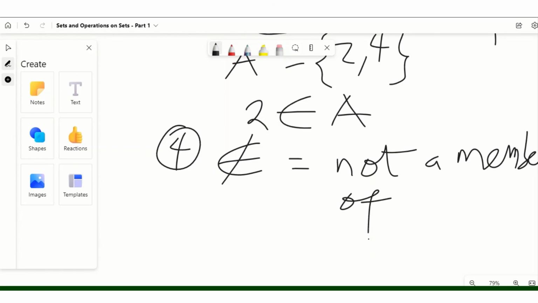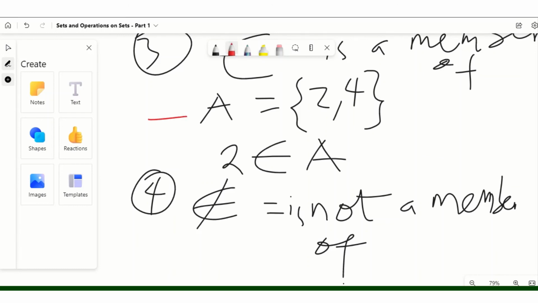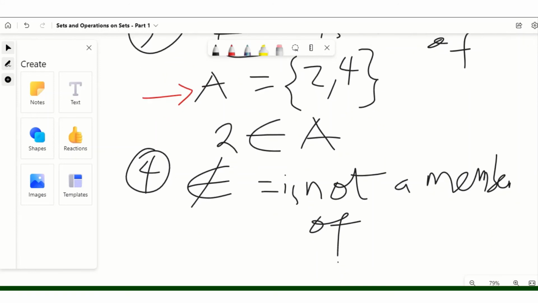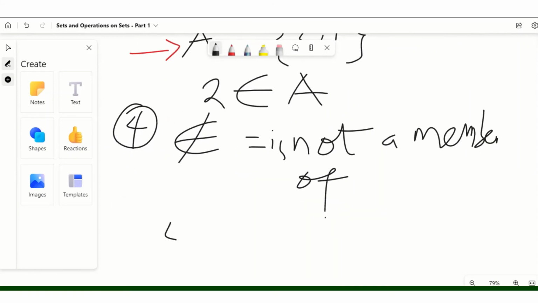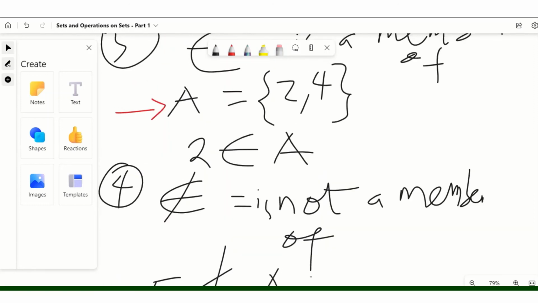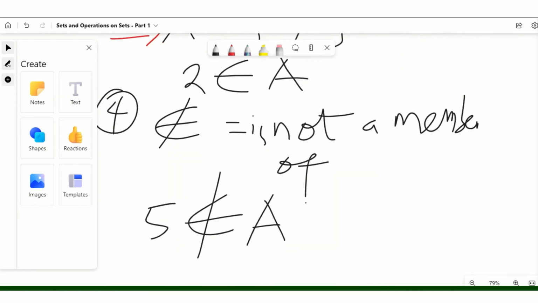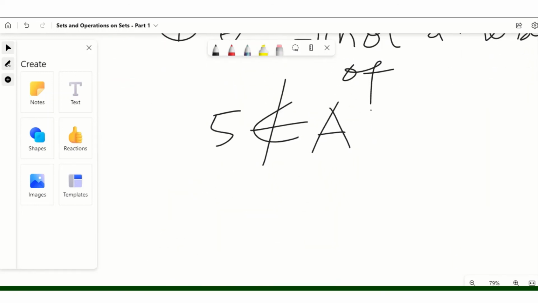Referring to this set again, we can say 5 is not a member of A. I hope that's clear, because you see the set of 2, 4. 5 is not part of it, so you say 5 is not a member of A.